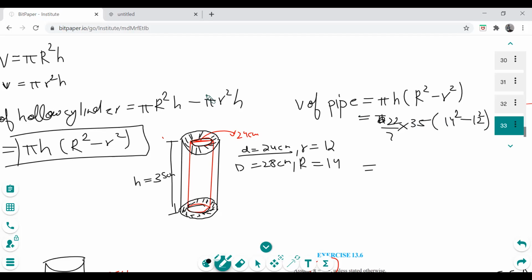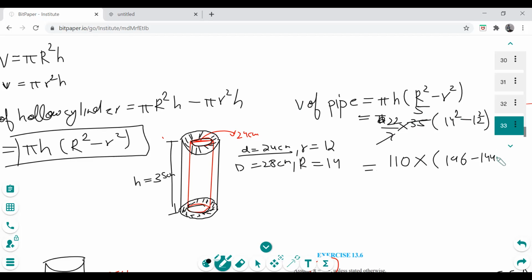So 220. Okay, let's see. It's 7 times 5, 110. 14 square is actually 196. That's 144.